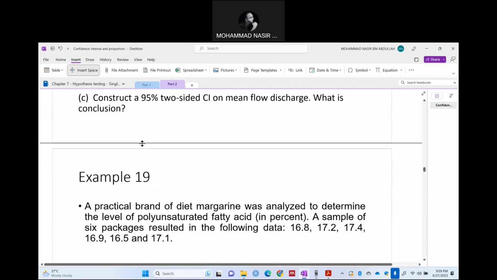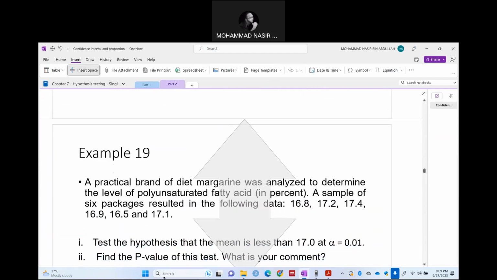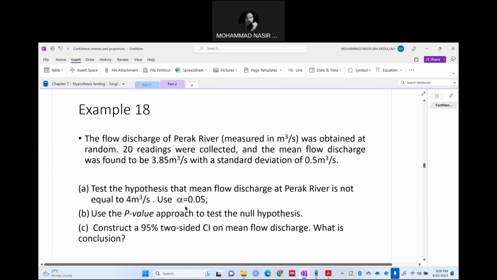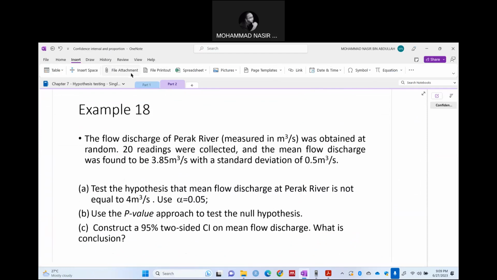So example number 18, the flow discharge of Perak River was obtained at random, right? 20 readings were collected. The mean flow discharge was 3.85 with standard deviation 0.5. So we need to test the hypothesis that the mean flow discharge of Perak River is not equal to 4 meter cube per second.